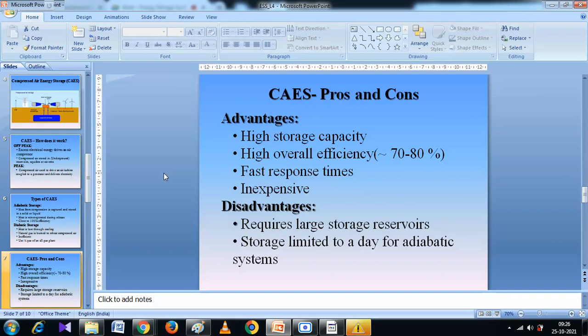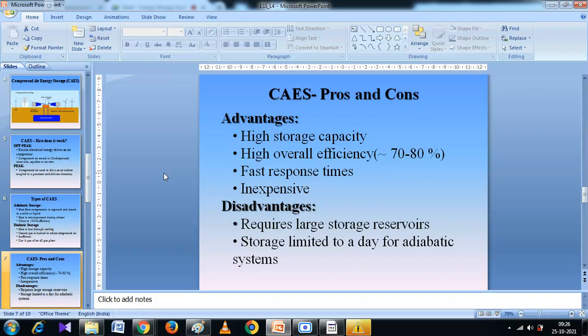because when the peak demand comes, at that time we can instantaneously generate the electricity by using the turbine generator system.